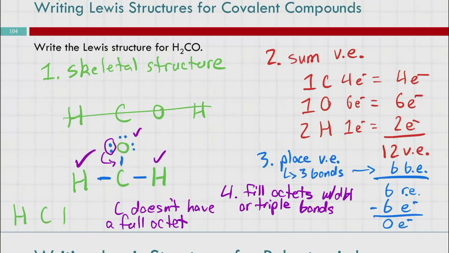And so we end up with this structure, where oxygen has 2 lone pairs plus 2 bonds, total of 8 electrons. Carbon has 4 bonds, total of 8 electrons. So now all of our octets are filled. And that would be the correct Lewis structure. Questions? Okay, we'll pick up with more Lewis structure fun on Thursday.